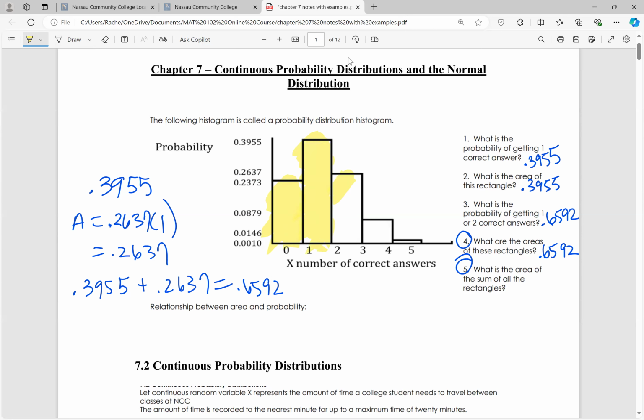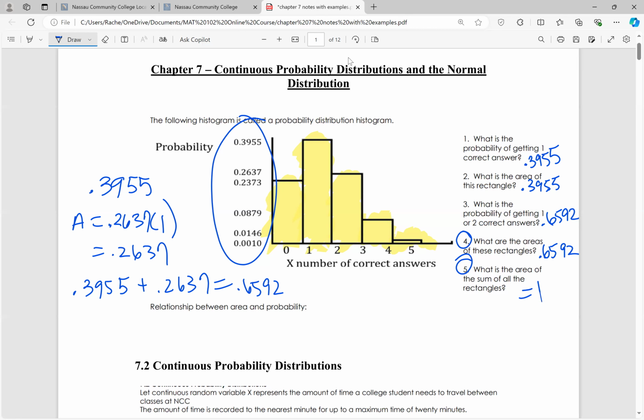And the width of each rectangle is just 1. So we would just need to add up all these probabilities to add up all the areas of these rectangles. And I'm not going to do it because we already know, based on what we learned in chapter 6, the properties of a discrete probability distribution. What should the sum of all the probabilities be in a discrete probability distribution?